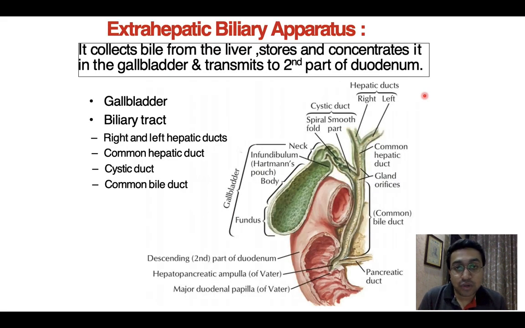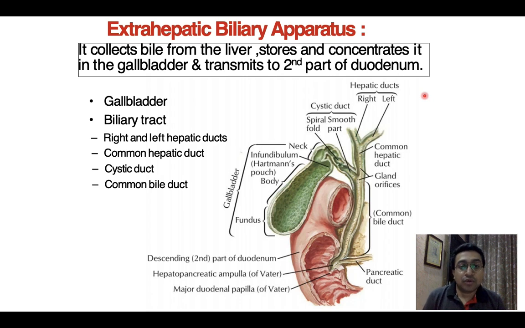So, talking about the extrahepatic biliary apparatus, this apparatus is responsible for collecting the bile from the liver, storing and concentrating it in the gallbladder, and then transmitting it to the second part of the duodenum as and when required.